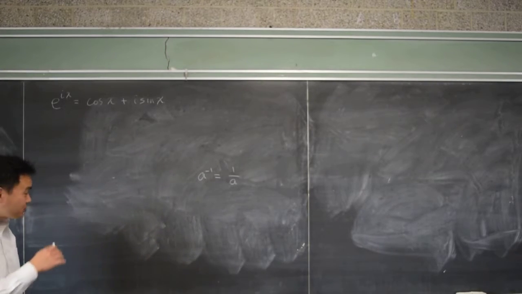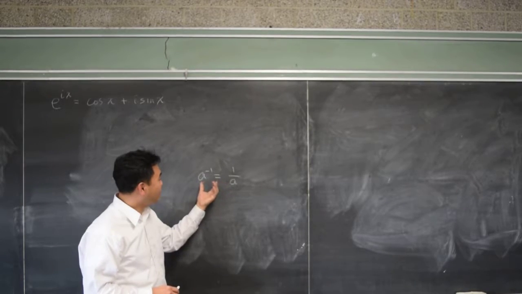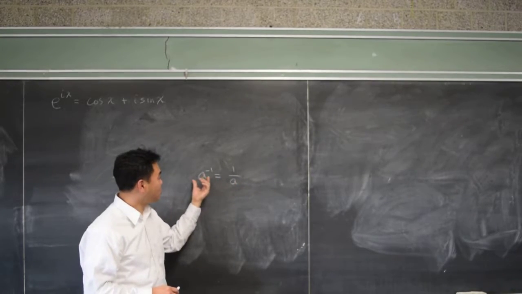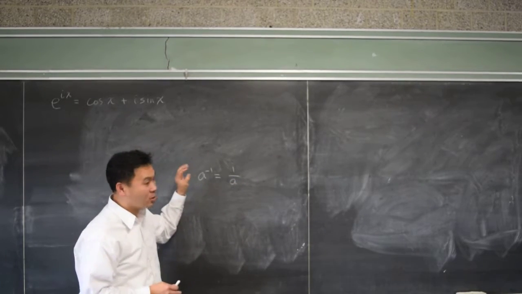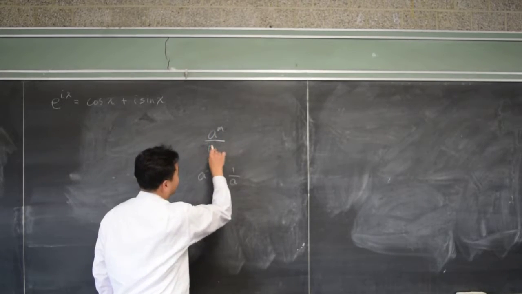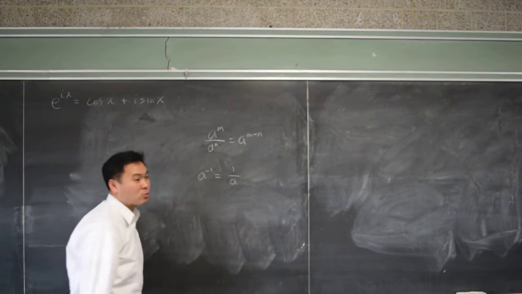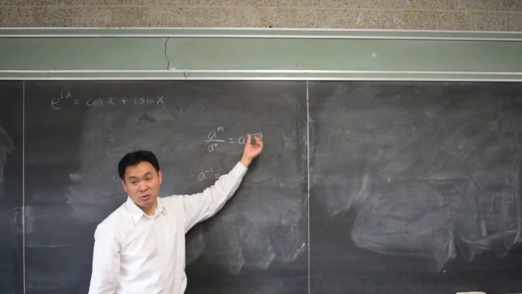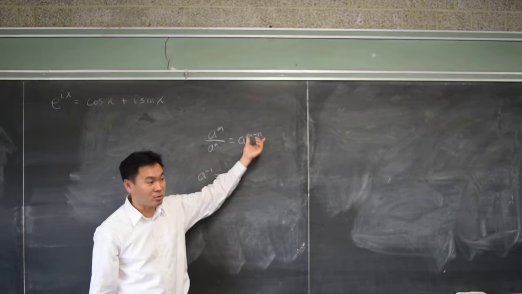Rather, this was something that we decided would be good because if you define it in this way, then you can extend all the rules of the exponents, basically things like a to the m over a to the n equals a to the m minus n, without having to worry about whether this is an integer, whether this is a positive number, whether m is bigger than n or anything.